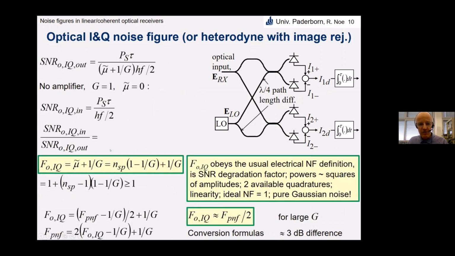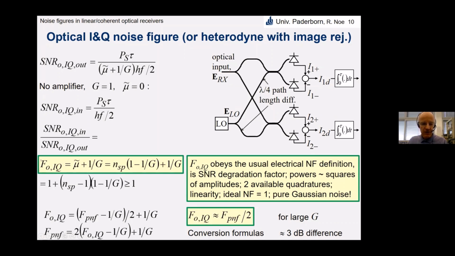The quotient of the two gives this optical noise figure for in-phase and quadrature signals. It obeys the usual electrical noise figure definition. It is the SNR degradation factor in a receiver with 2 available quadratures, in an ideal receiver with 2 available quadratures. The power is proportional to the square of the amplitude, not taken to the power 4. The thing is linear. The ideal noise figure equals 1, and we have purely Gaussian noises.